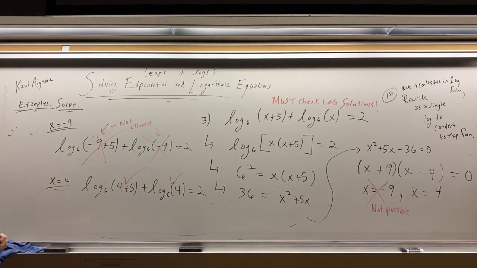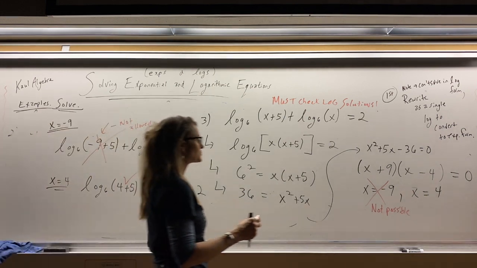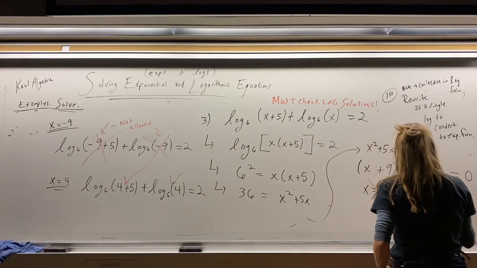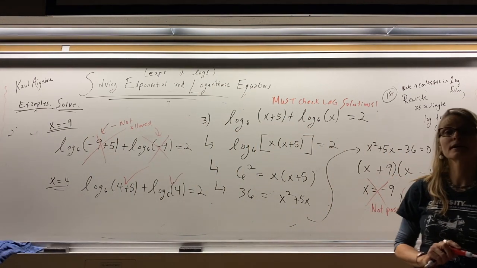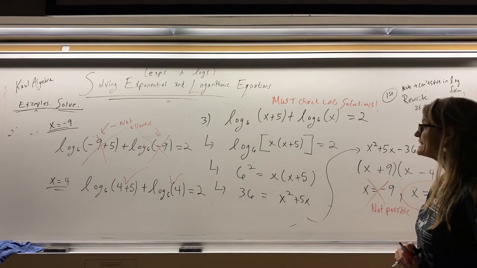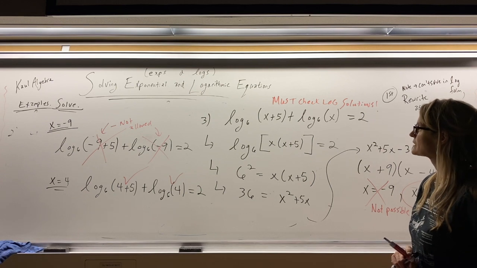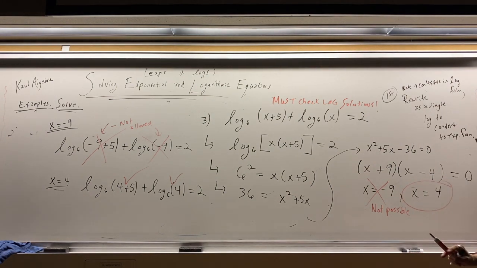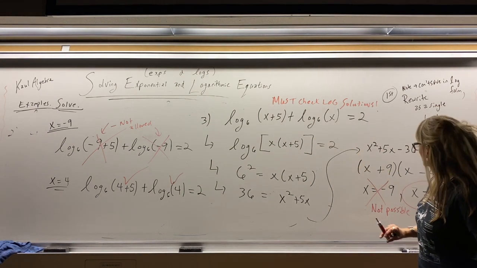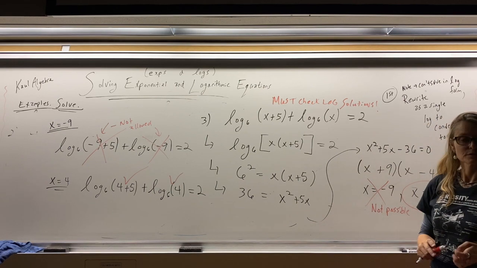And if I did the math, I would see it works out. Okay. So 4 is my only solution. So this is a long problem, and it took knowing a lot of different pieces. There's a lot of practice of a lot of skill involved, which is great. So this problem eventually gives me the solution of just x equals 4.